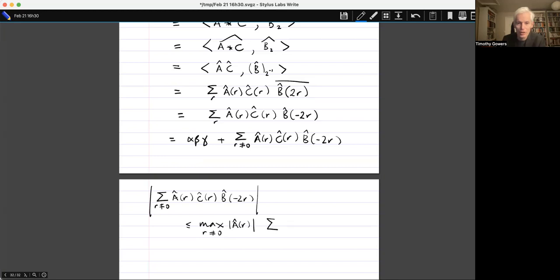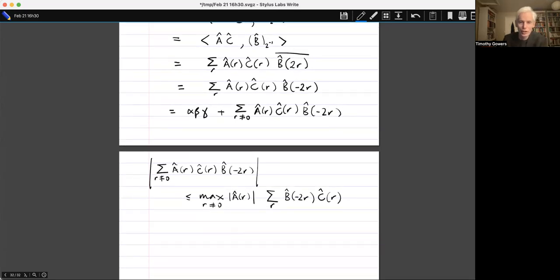So the sum, and actually I'm going to add in the 0 terms again. Yeah, you've seen some trick a bit like this before. So b hat of minus 2r, I'm putting these back in their natural alphabetical order. Let's put some mod signs around those.